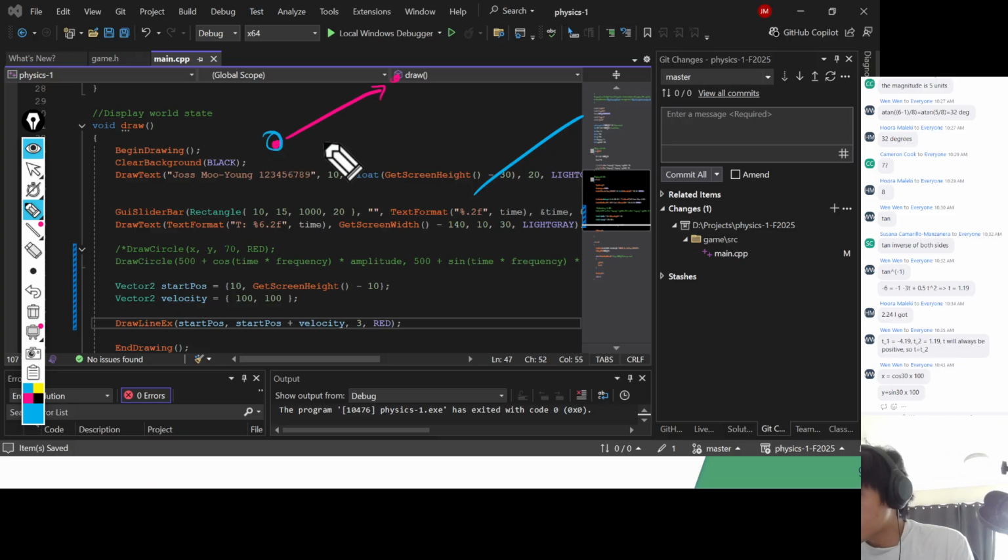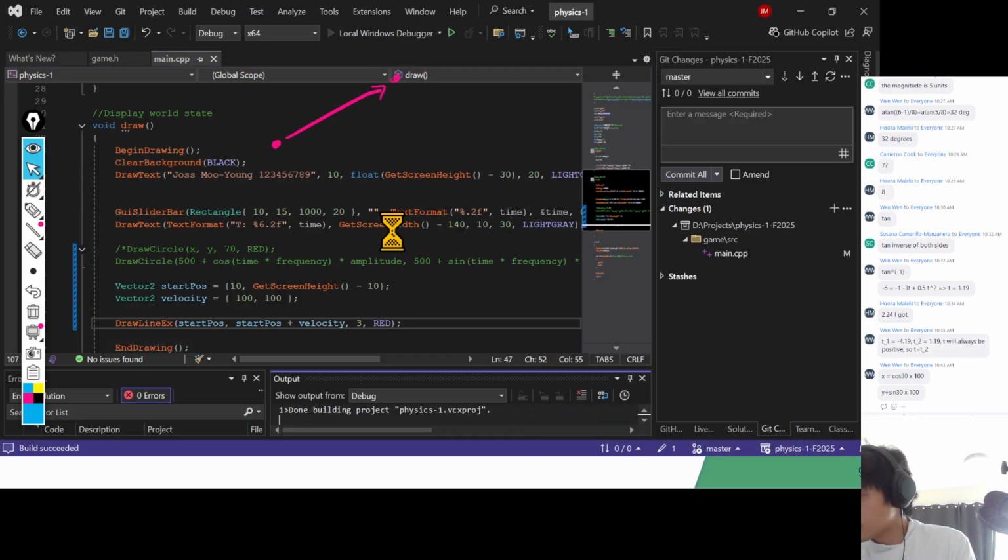You take that starting position, add that vector, then you have your ending position. You don't just put velocity here as your second part, because that's not a position. Okay? I can show what it looks like if we do it wrong as well.